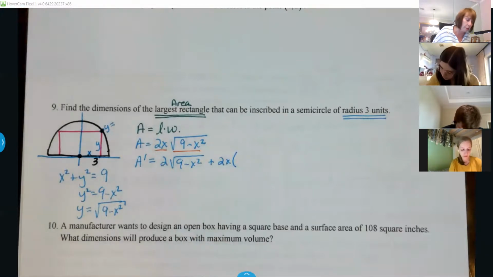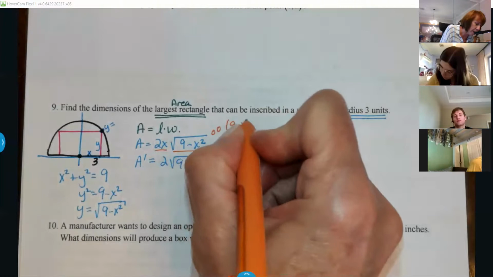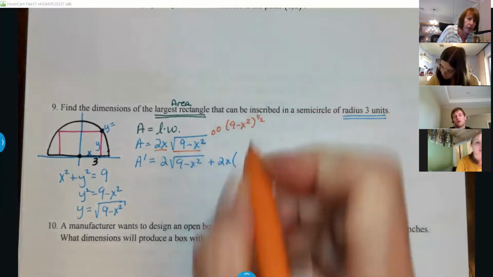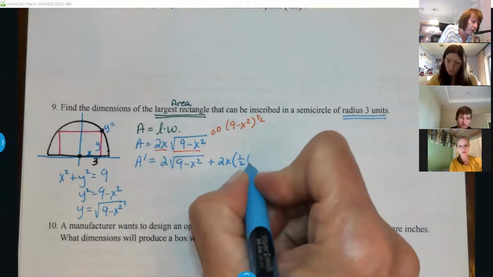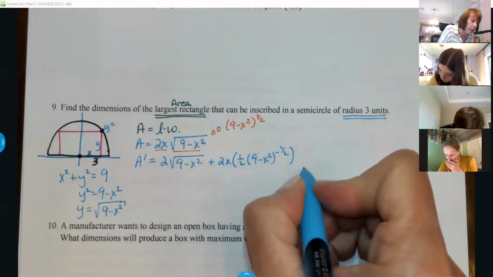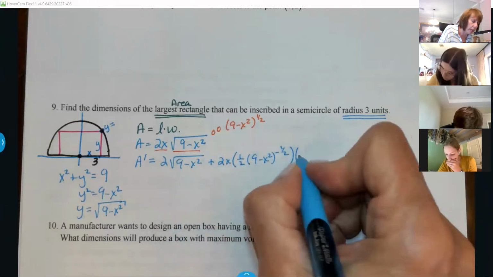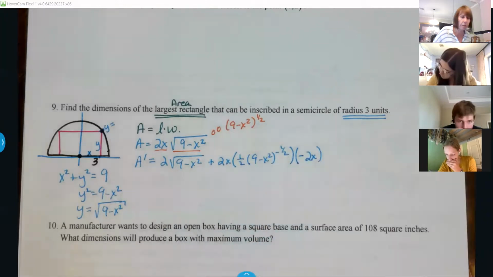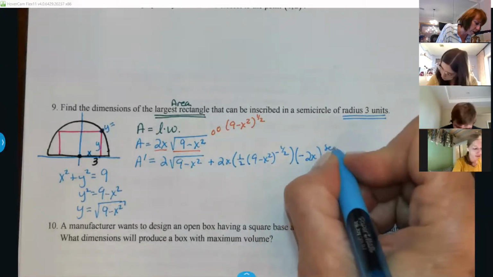So again, thought bubble, I'm thinking of that as 9 minus x squared to the 1/2, right? So chain rule time. 1/2, 9 minus x squared to the negative 1/2, and then times the derivative of the inside, which is negative 2x. That's what we're going to set equal to 0.